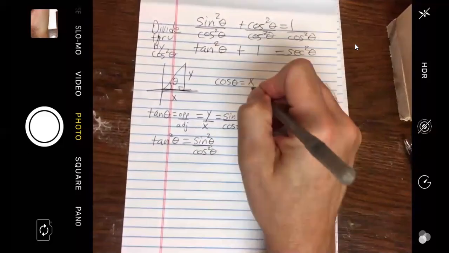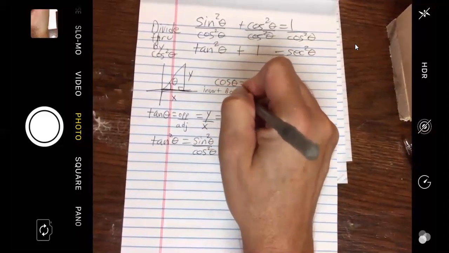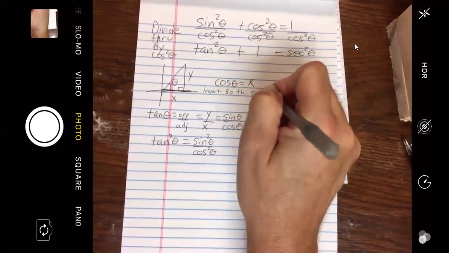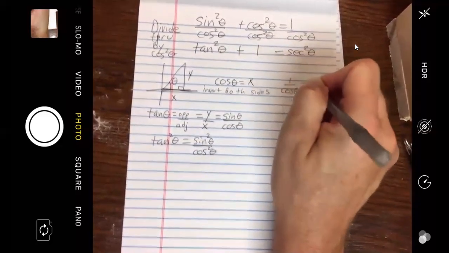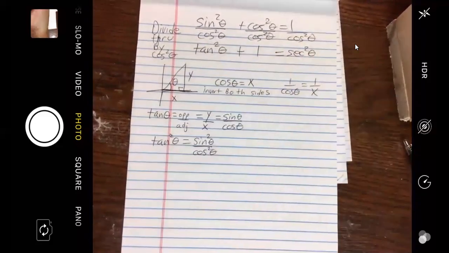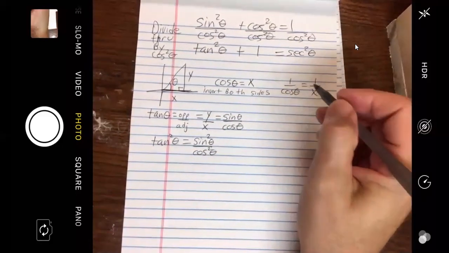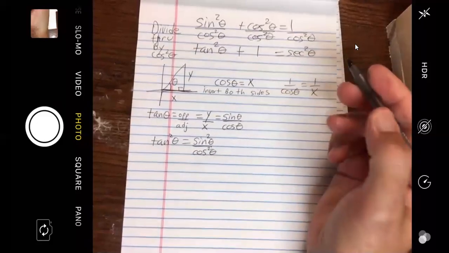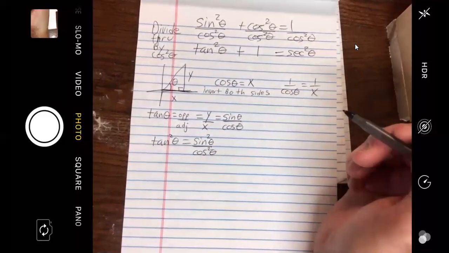If I invert both sides, one over cosine theta equals 1 over x. It's going to get what I want. And 1 over cosine theta, if you remember, well, why is it a secant? I could show you the list.